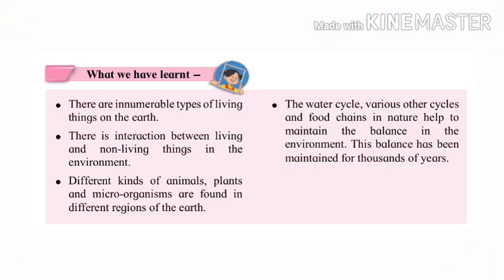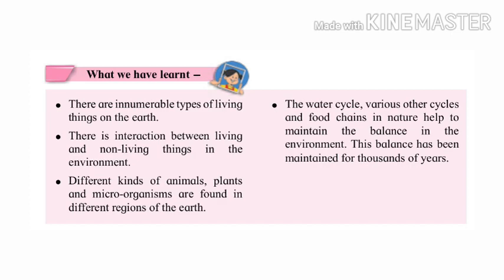So children, what we have studied in this lesson, let's revise it. First point, there are innumerable types of living things on the earth. Second, there is an interaction between living and non-living things in the environment.